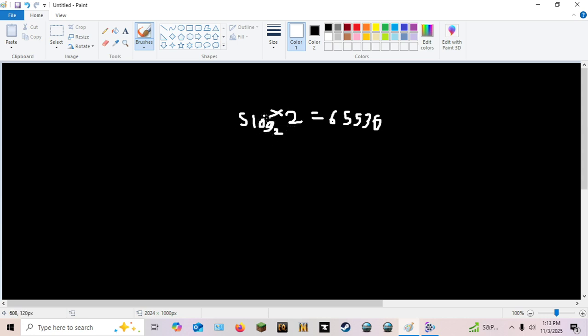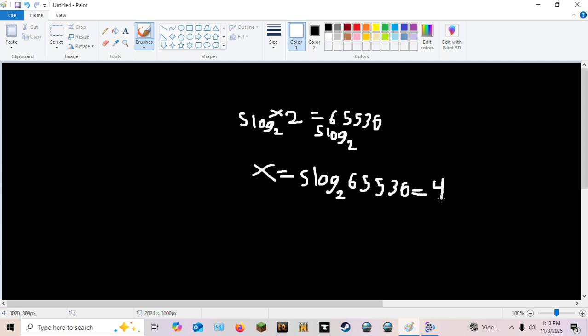I want to get rid of base 2 so I can get x by itself. Now, the base 2's will cancel, giving us x equals slog base 2 of 65,536, which equals 4, because 2 tetrated to 4 equals 65,536.